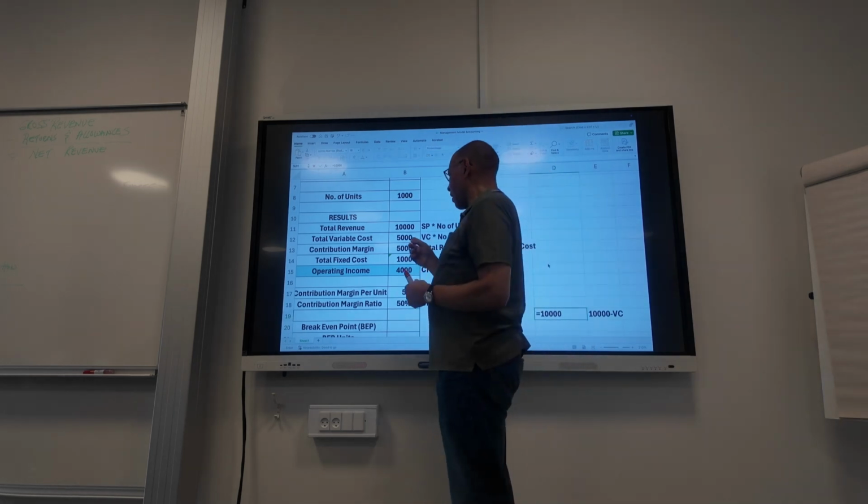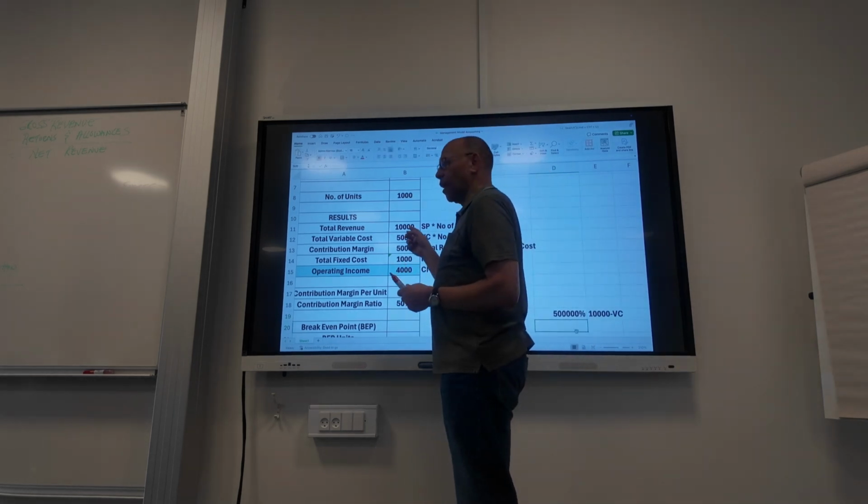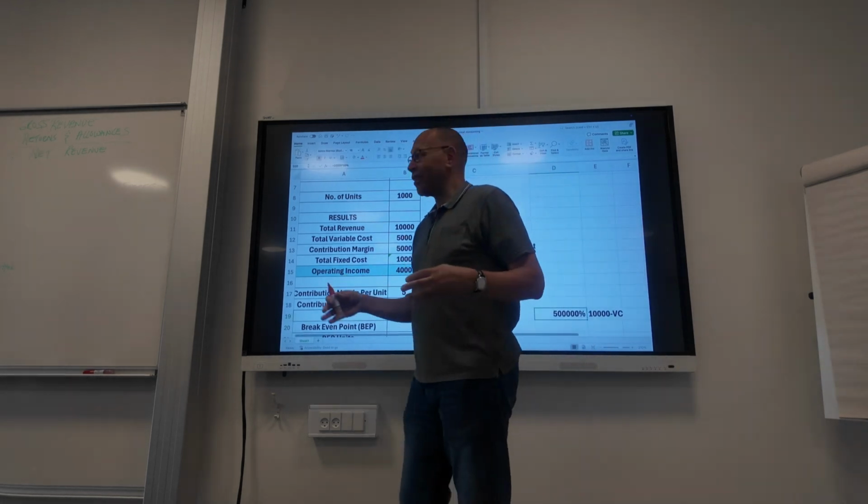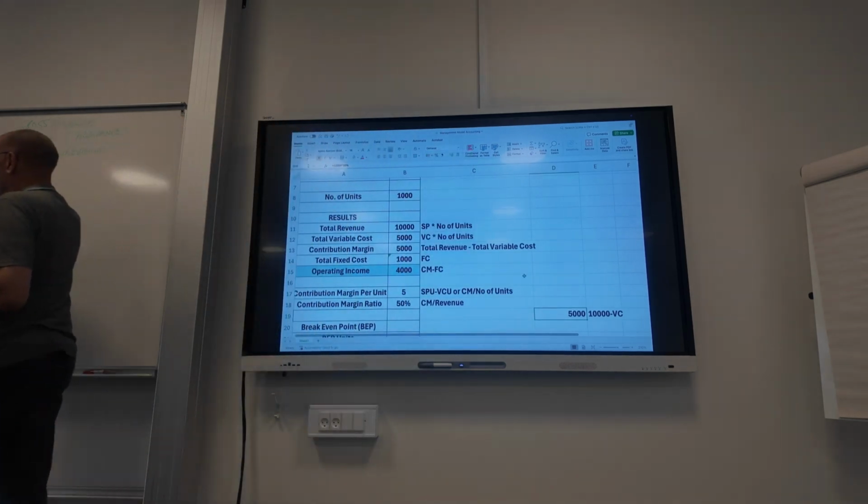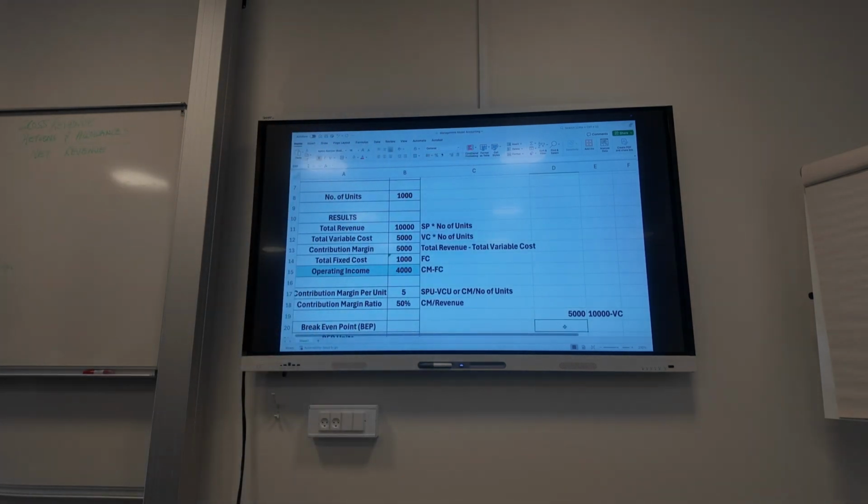Well, total variable costs are 5,000, total revenue is 10,000. They're all operating off of the same thing, right? So if what's left is 50%, how much?